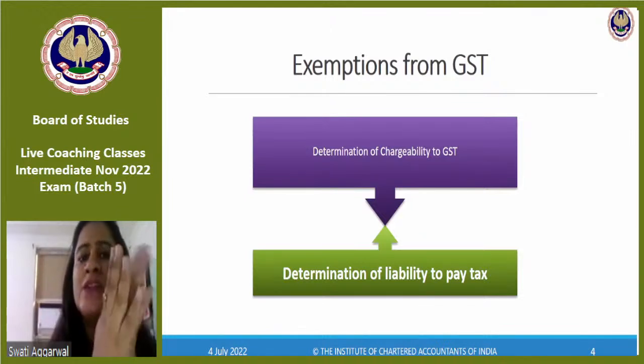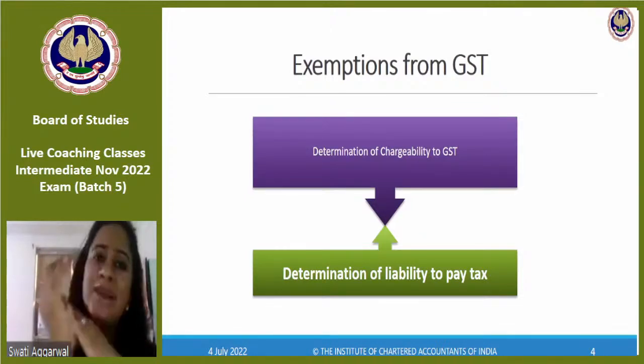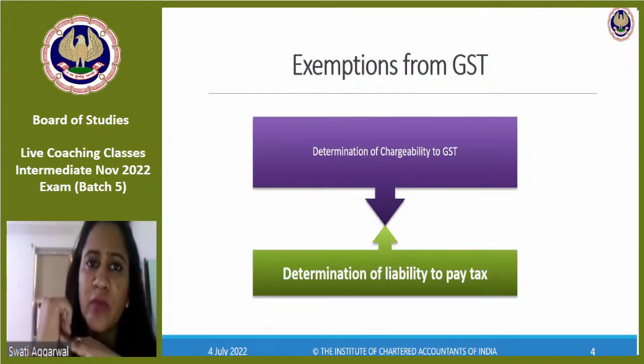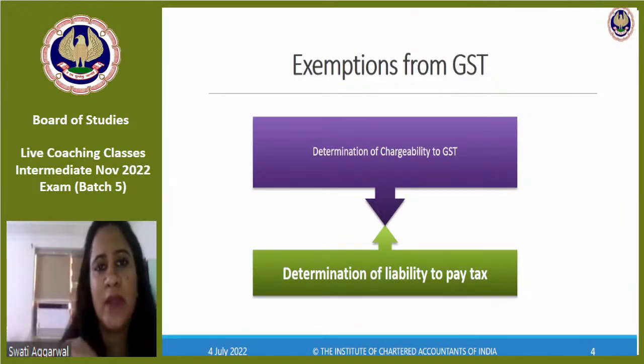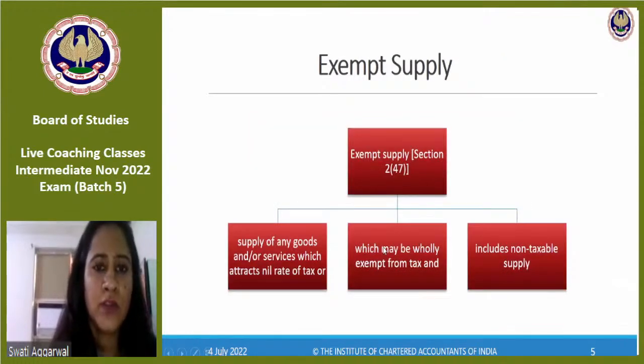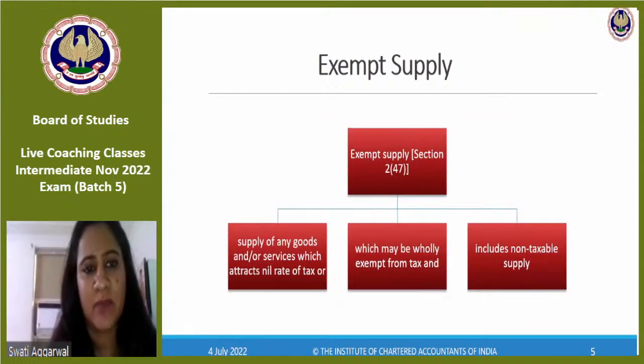However, if something is chargeable to GST but exemption from GST is available in the case of supply of goods or services, then although the same supply will be chargeable to GST, the liability to pay tax in that case will be nil, right? So let's discuss what is exempt supply basically.